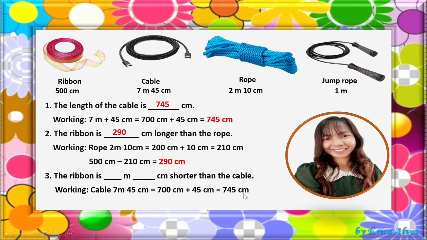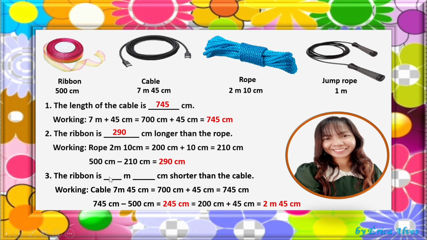So the total is 745 centimeters. Now you have to subtract to know the difference of the two lengths. So 745 centimeters minus 500 centimeters. The answer is 245 centimeters.